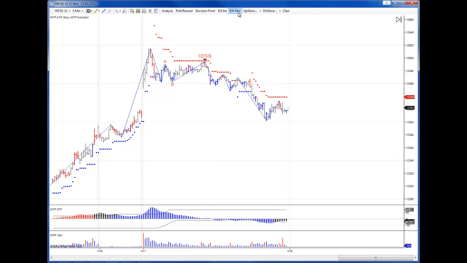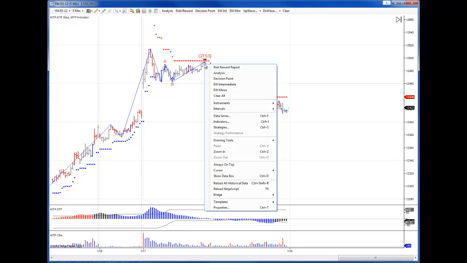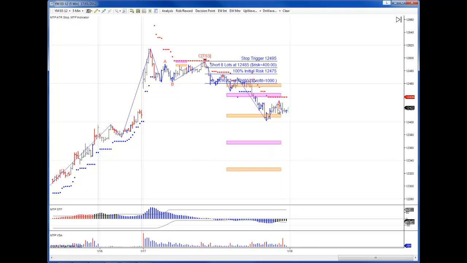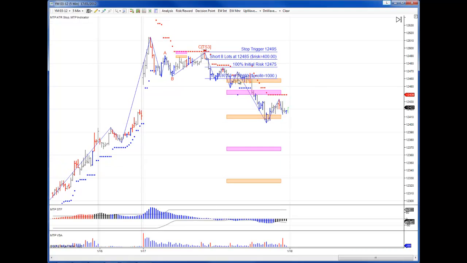So if I do the analysis, we have our WPG targets here, of which the first one is the minimum wave C. The second one is the typical wave C, and it's this third one that interests us, because that's the typical wave 3. That's the important point: because we know this is potentially a wave 2, we're looking to go out to the typical wave 3 target for the move, not the first target.